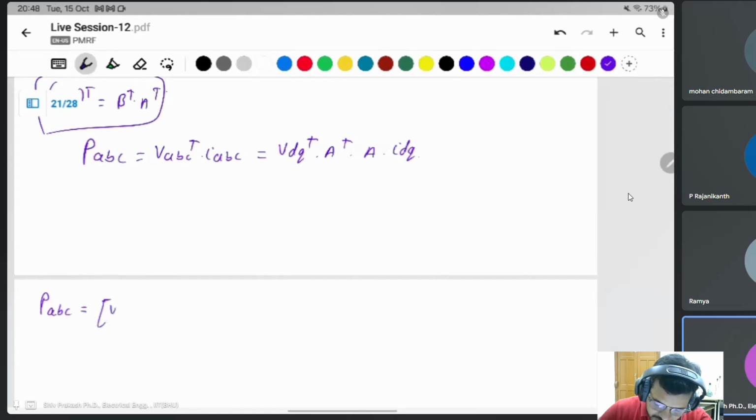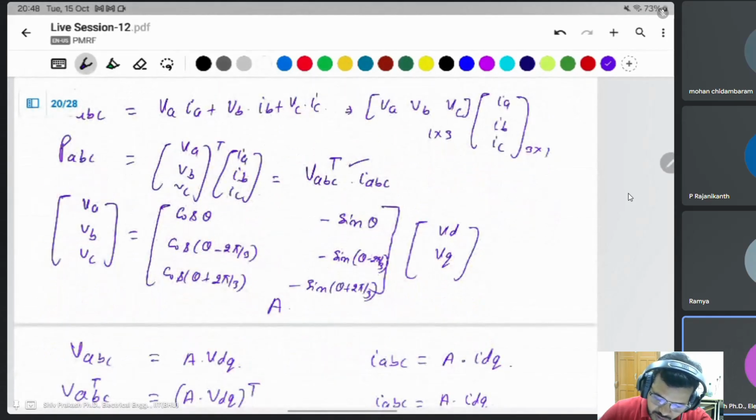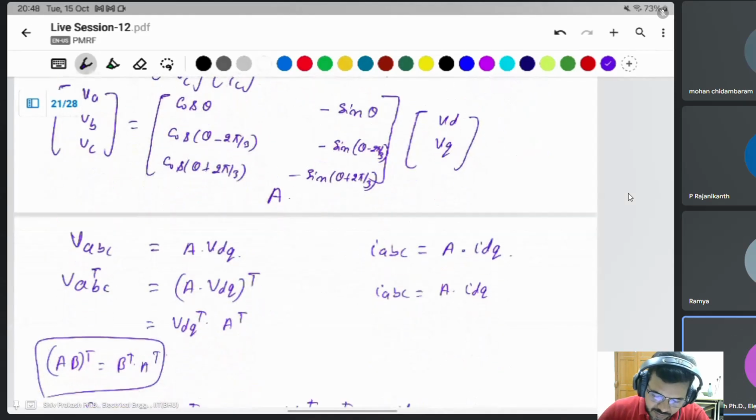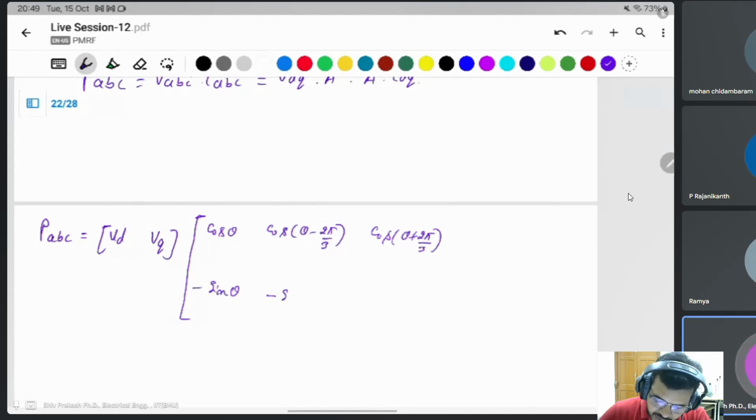Vdq transpose is Vd, Vq, like that. A transpose is the transpose of this one. Cos theta is there, sine is there. The cos portion is on the upper side. It will be cos theta, cos of theta minus 2 pi by 3, and cos of theta plus 2 pi by 3, minus sine theta, minus sine of theta minus 2 pi by 3, minus sine of theta plus 2 pi by 3.